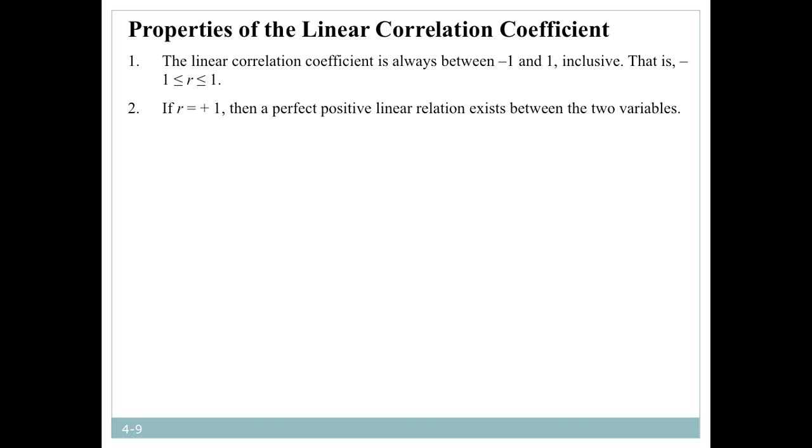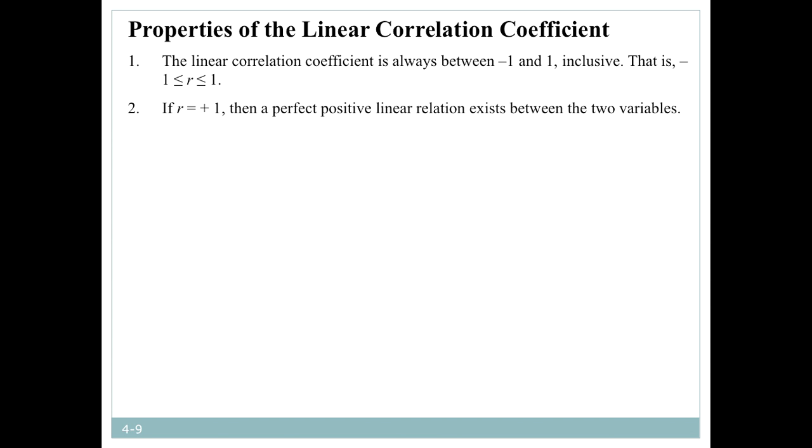If we have a linear correlation coefficient of +1, that means we have a perfect positive linear relation between the two variables. This would never actually be seen in real data, at least not when we're just observing something that's already happening, but that would be your benchmark.